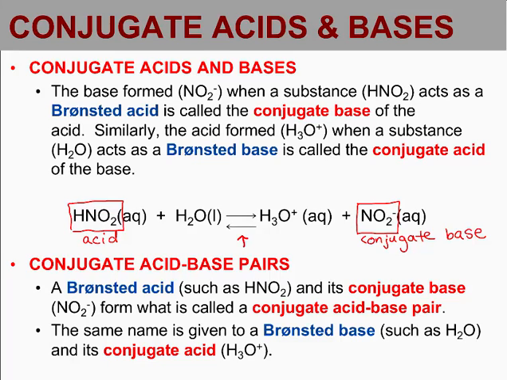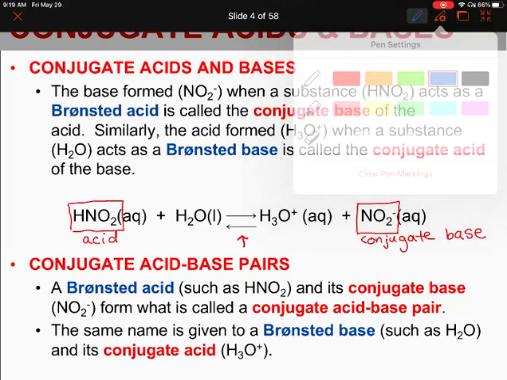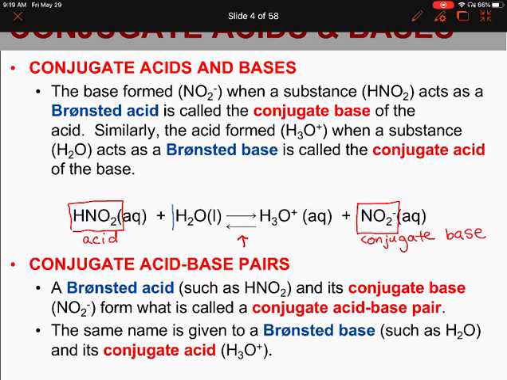Now, similarly, let me use a different color here. So H2O accepted a hydrogen ion, so that was our base, and then it became H3O+, and we would call that the conjugate acid.